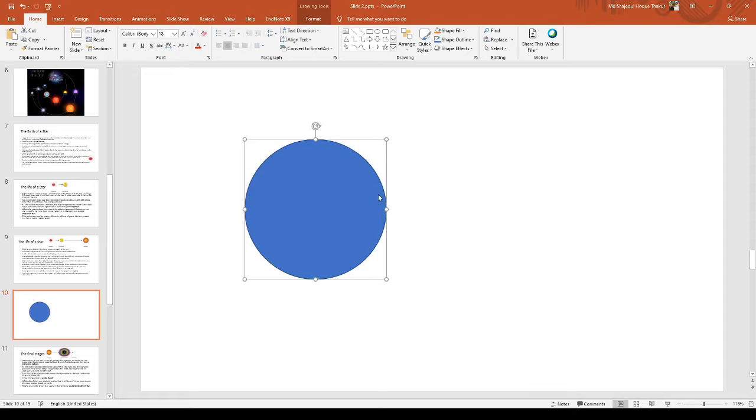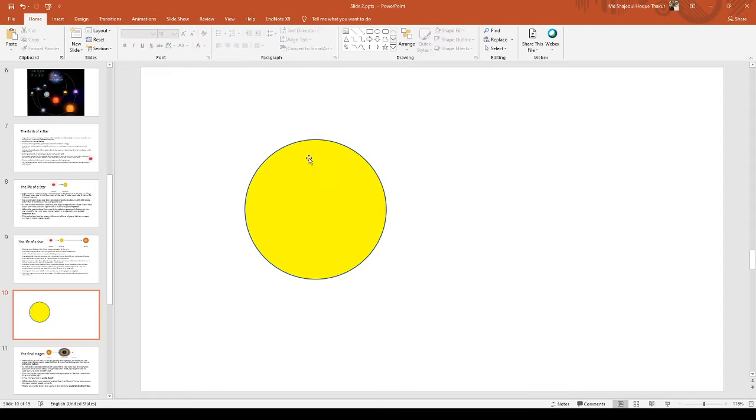Yeah, this is the sun, and now it's getting the core. So imagine initially all of it is hydrogen. The yellow things are hydrogen.